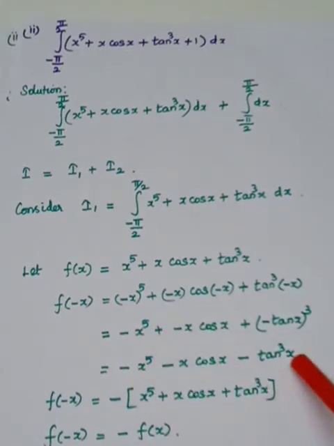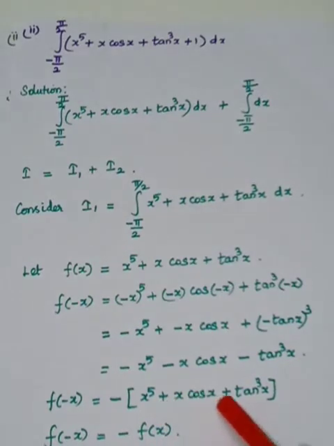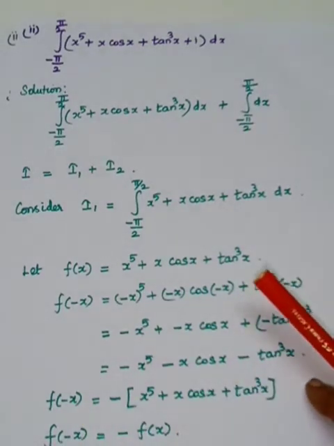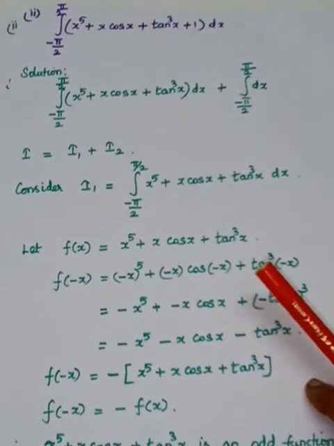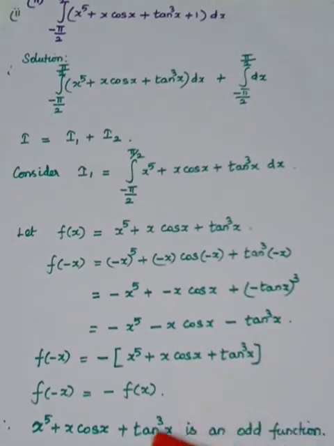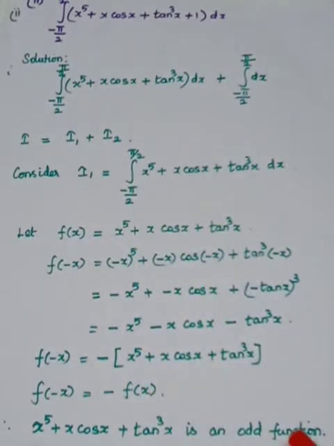From all the terms, what is common? Minus is common. If you take it out, your answer is x power 5 plus x cos x plus tan cube x. So this is your f of x. Therefore, f of minus x is equal to minus f of x. So the function, the first one, x power 5, that f of x is an odd function.